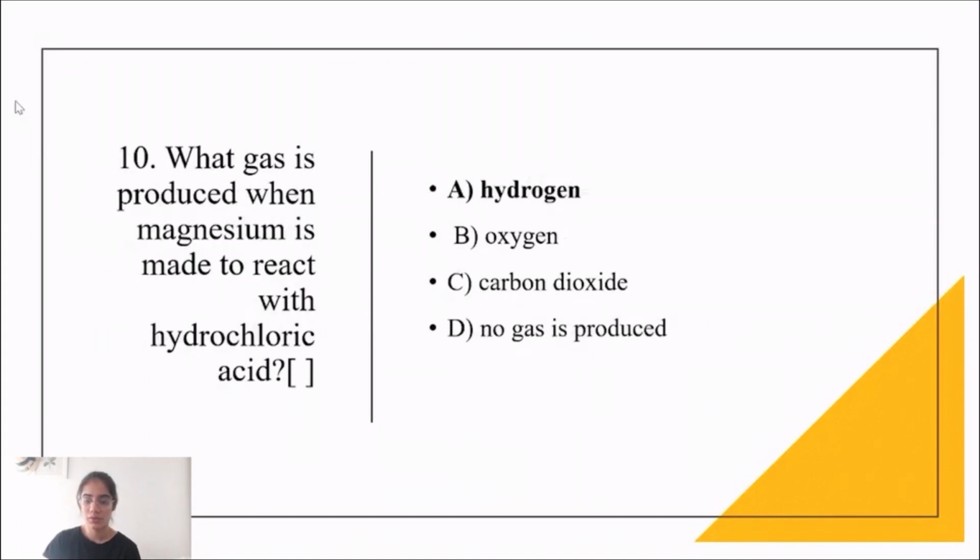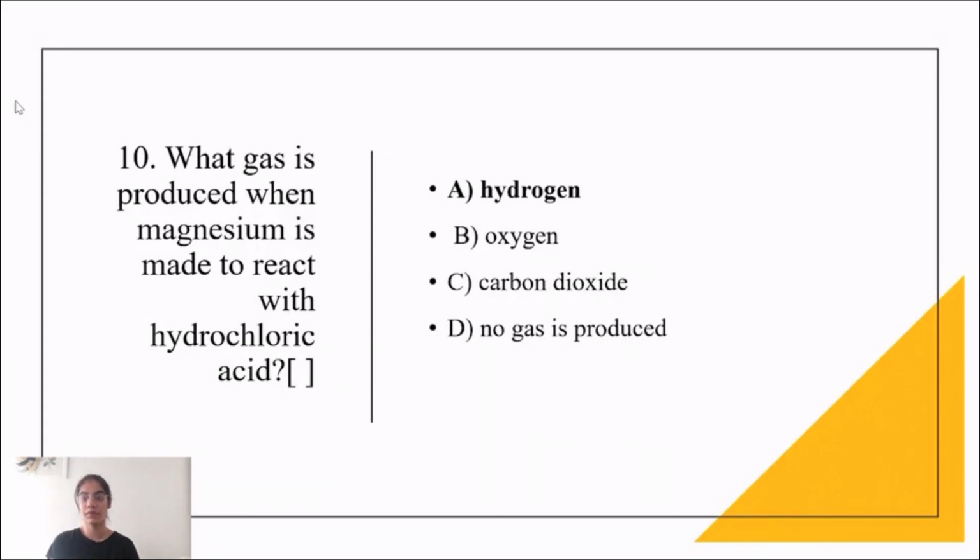Let us now go to the next question, which is the last one. What gas is produced when magnesium is made to react with hydrochloric acid? Magnesium is a metal and hydrochloric acid is an acid. We know that in the general equation when any metal reacts with an acid, we get a metal salt and hydrogen gas. Hence, the answer would be hydrogen gas.